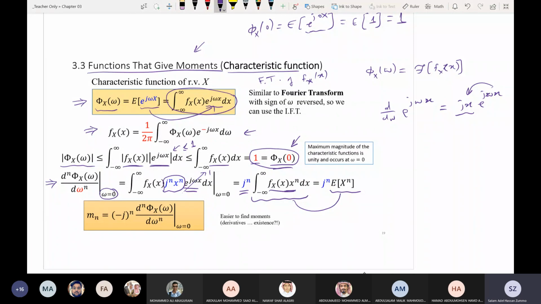So we get the nth moment equals the nth derivative with omega set to 0, divided by j to the n, which is like multiplying by minus j to the n. So this is the way we find the expected value of x to the n. Is it clear? Okay guys, start operating your cameras.